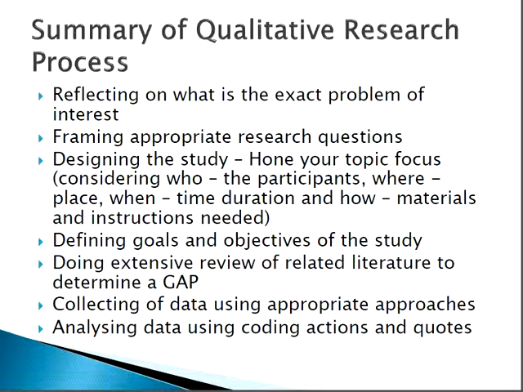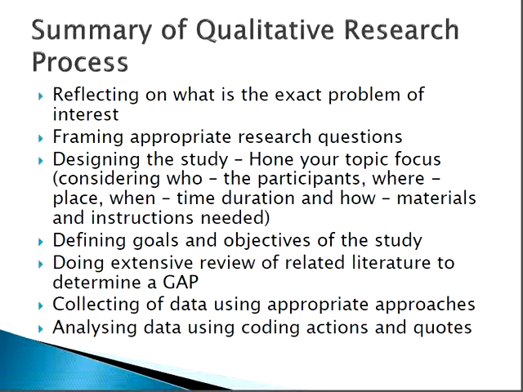Now, summary of research, qualitative research process. In all, qualitative research process is summarized as follows. 1. You reflect on what is the exact problem of interest. Think about it and come out with reasons why such is an important problem to look out for a solution. 2.